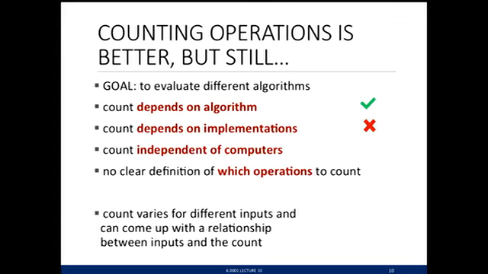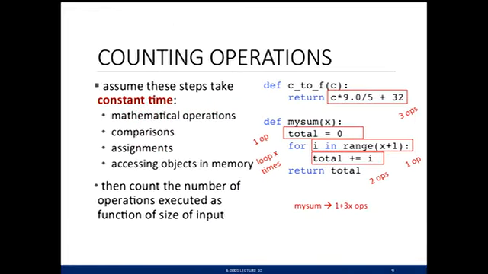Let me show you what I mean by that by backing up for a second. Suppose I were to change this for loop to a while loop. I'll set i equal to 0 outside of the loop, and then while i is less than x plus 1, I'll do the things inside of that. That would actually add one more operation inside the loop, because I both have to set the value of i and I have to test the value of i, as well as doing the other operations down here.